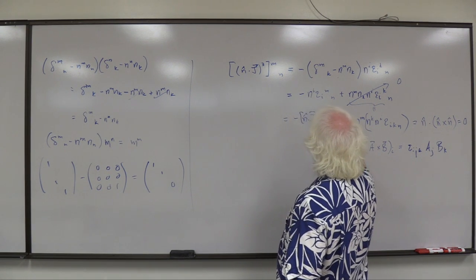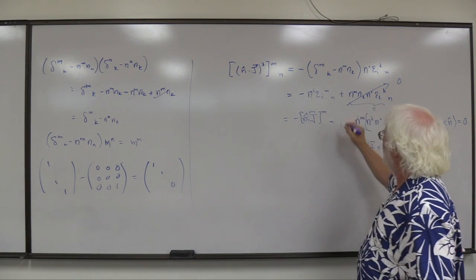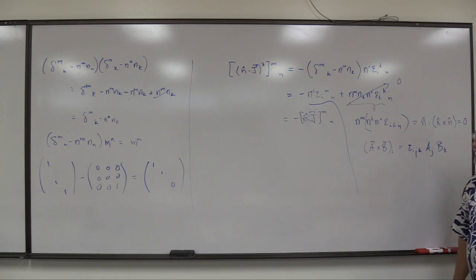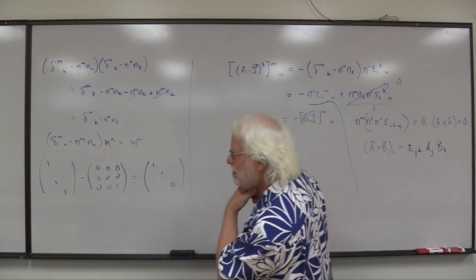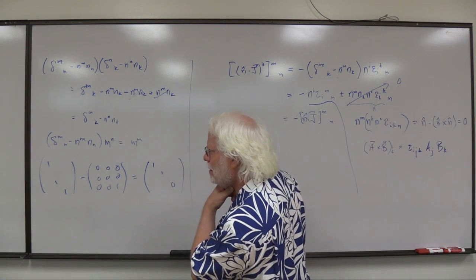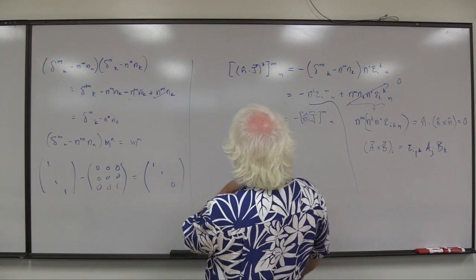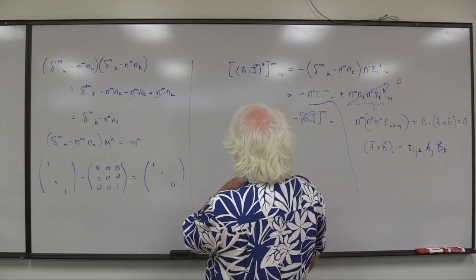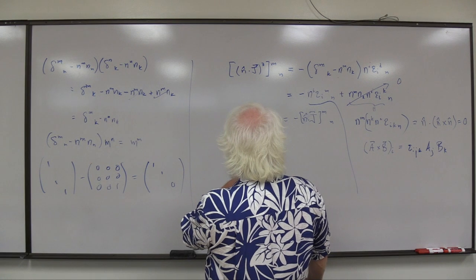The m component. So we're back to where we started, except with the minus sign. Is this the right power, squared, cubed? The cube comes back with a minus sign.